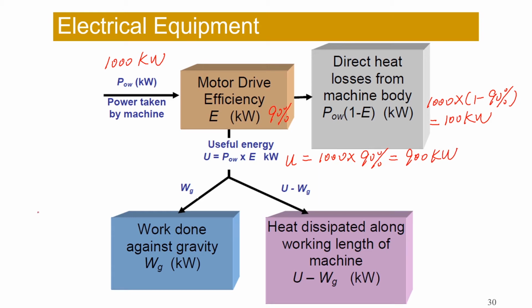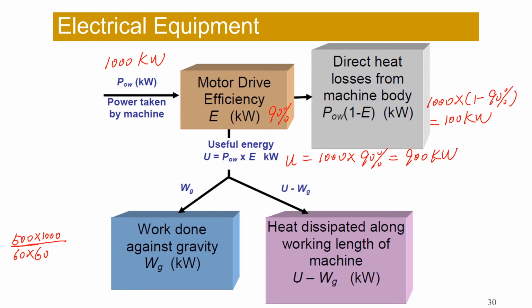Work done can be calculated using mass divided by time, that is 500 tons multiplied by 1000 to convert it to kilograms, divided by, this is per hour, in 1 hour there are 60 minutes, and in 1 minute there are 60 seconds.